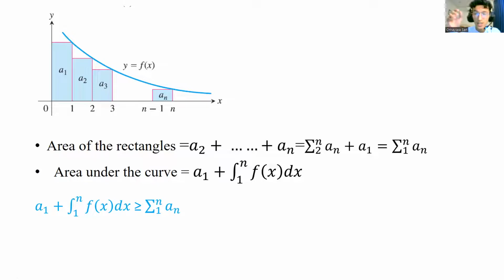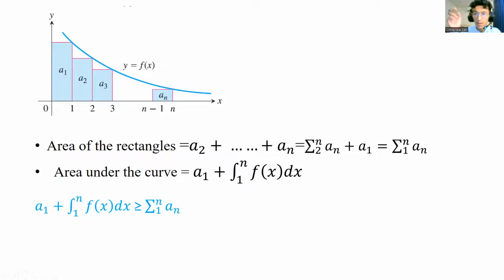It just changes the sum. So if you want to start from here, you need to add a1 to the series, and here we can see the result. The sum from 1 to n of an, and also the area under the curve, if we add a1 here, we also need to add a1 there. So the area under the curve is still bigger than the area of the outer rectangles.